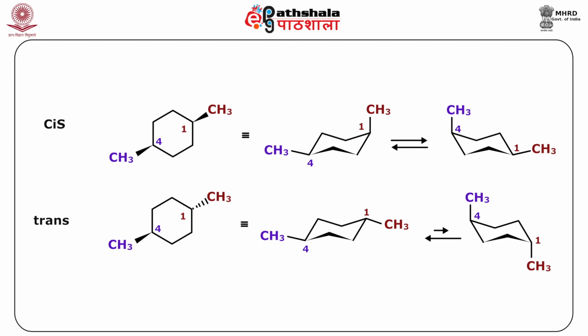Each axial methyl group faces two such gauche interactions with the ring methylene and causes 1.8 kilocalories per mole of strain. So, the diaxial conformer has 4 destabilizing interactions and thus 3.6 kilocalories per mole, that is 2 into 1.8 kilocalories per mole of strain for each methyl group.